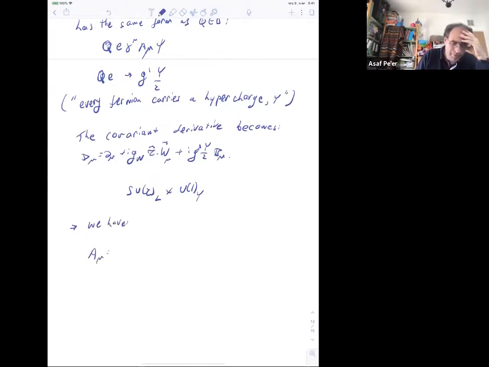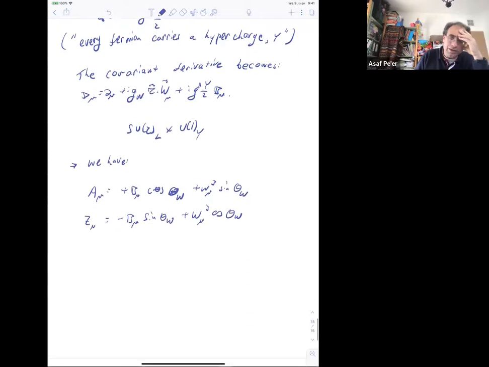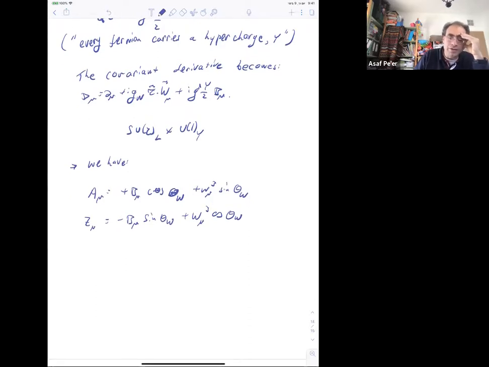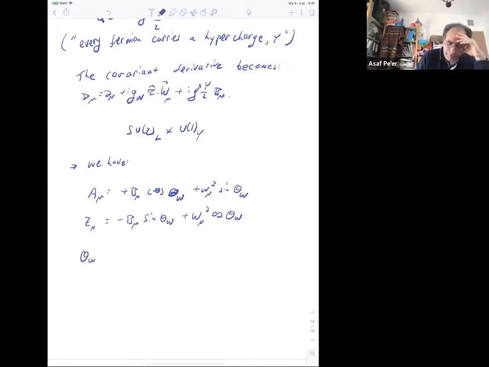A mu is just a linear combination: B mu cosine theta W plus W mu 3 sine theta W, and Z mu is minus B mu sine theta W plus W mu 3 cosine theta W. Theta W is the weak mixing angle. It's also known as the Weinberg angle.